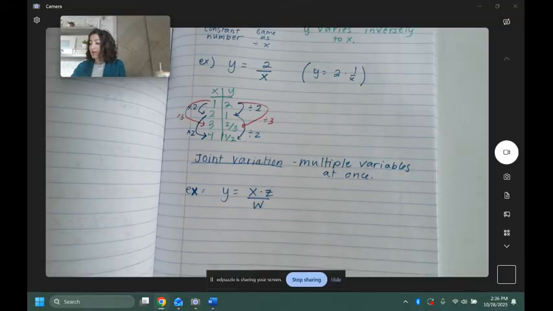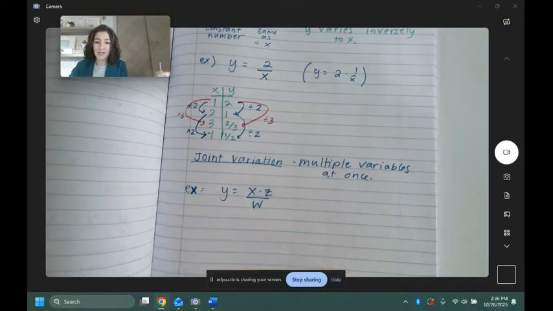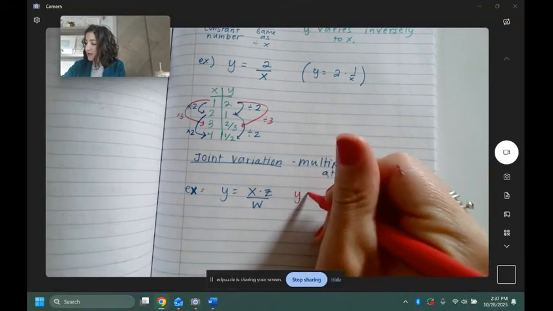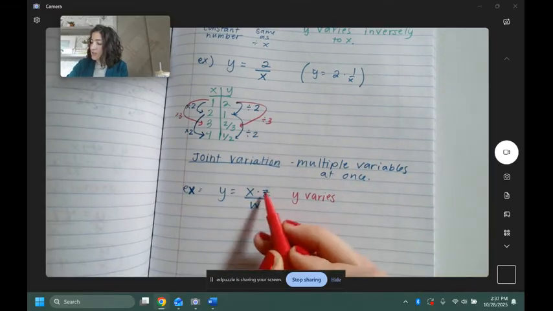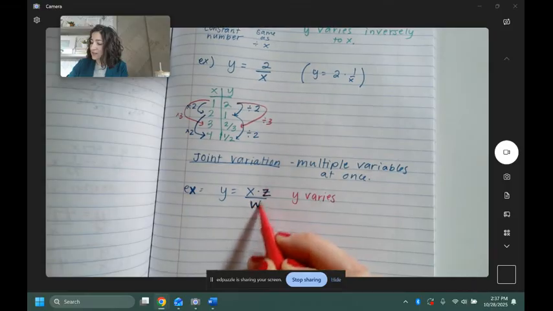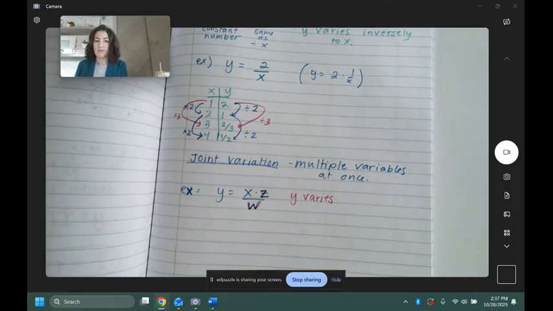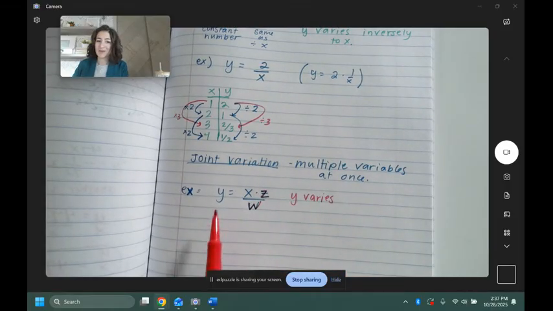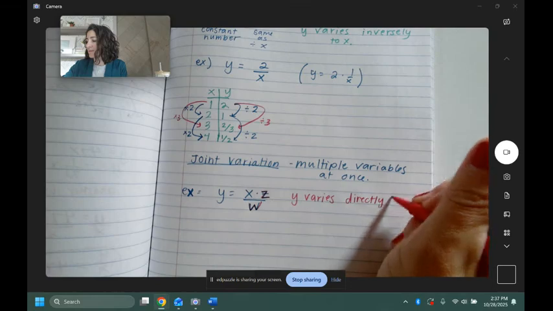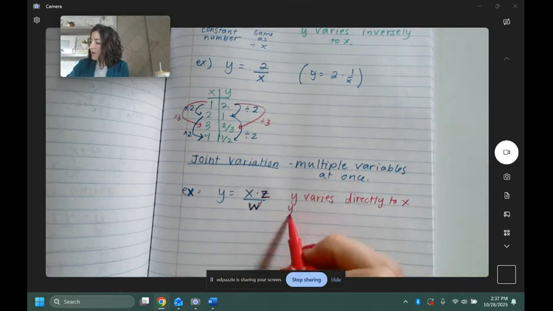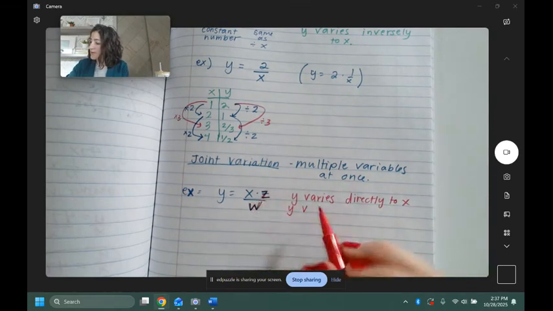So let's figure out how y varies to x. Imagine z and w are just numbers. So y equals x times something, that's direct. How about to z?